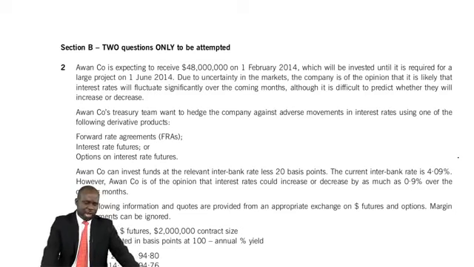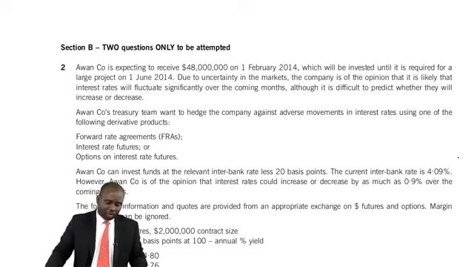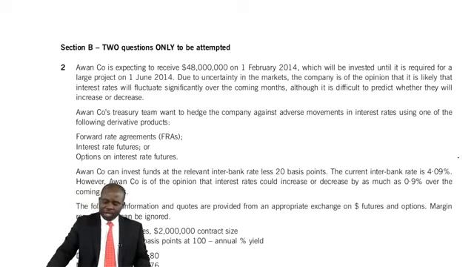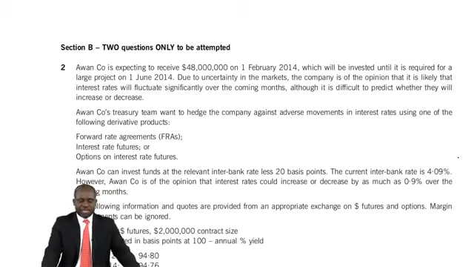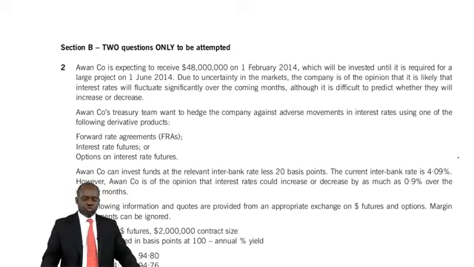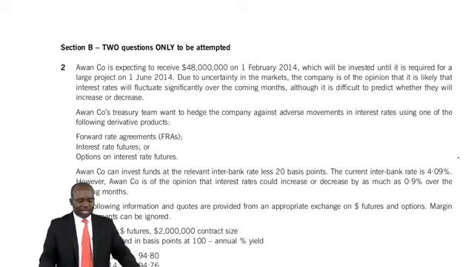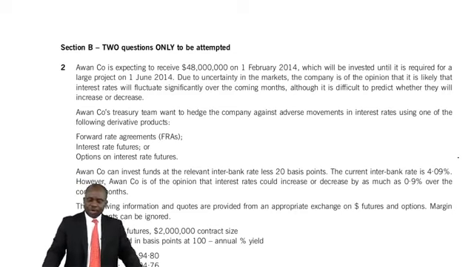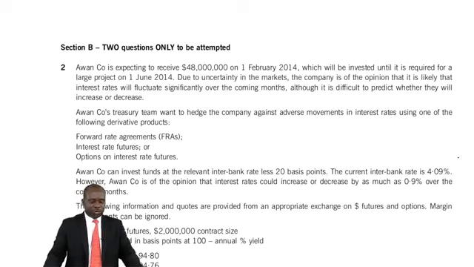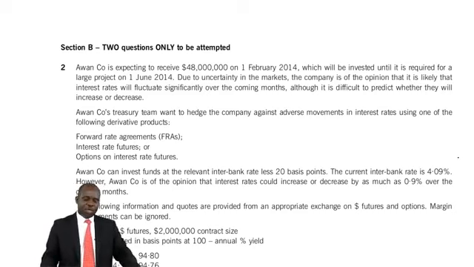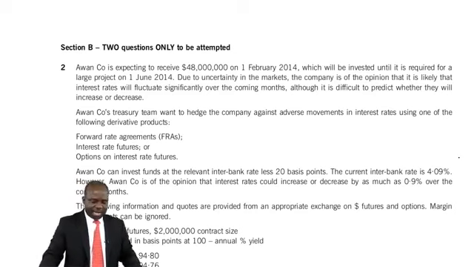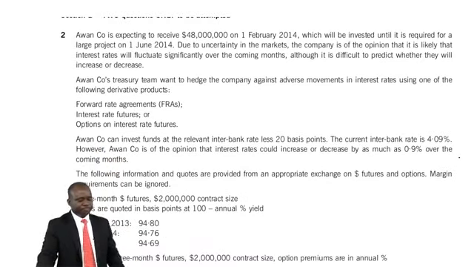Okay, so let's read here. R1 Co is expecting to receive 48 million on 1st February 2014, which will be invested until it is required for a large project on 1st June 2014. Due to uncertainty in the market, the company is of the opinion that it is likely that interest rates will fluctuate significantly over the coming months, although it is difficult to predict whether they will increase or decrease.